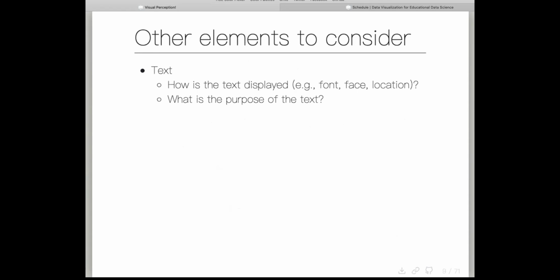There's also a bunch of other elements that you're going to want to consider when you're building your visualization. Chief among them is text, okay? So almost all of the visuals that you'll build will have some form of text, usually the title. I just talked about how important the title can be. So you'll want to think about how the text is displayed.